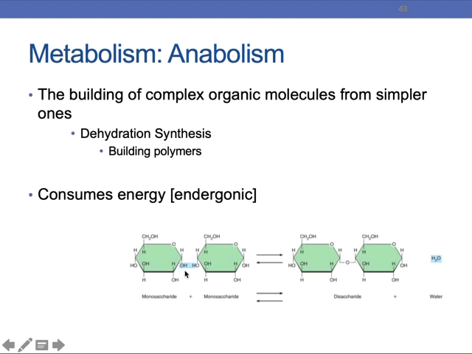So you have OH and H taken out over here. You have the oxygen rearranging and becoming part of the bond as it forms a disaccharide over here. In anabolic reactions, more energy is expended than is produced, and so they are described as endergonic reactions.